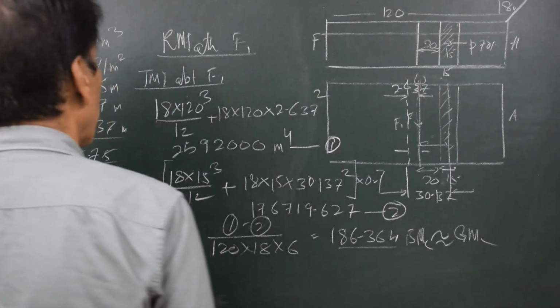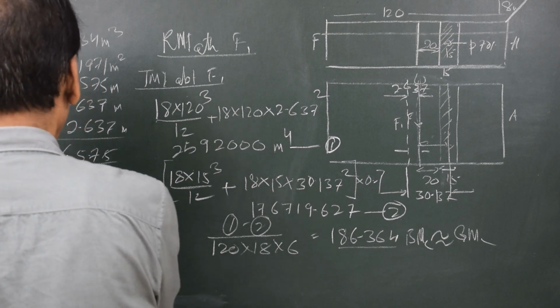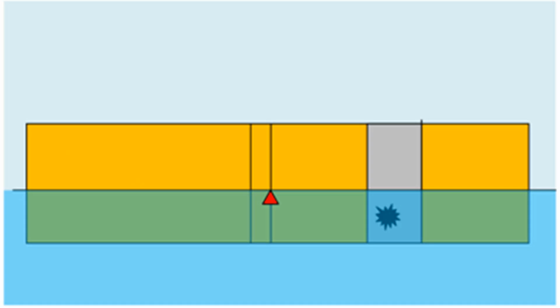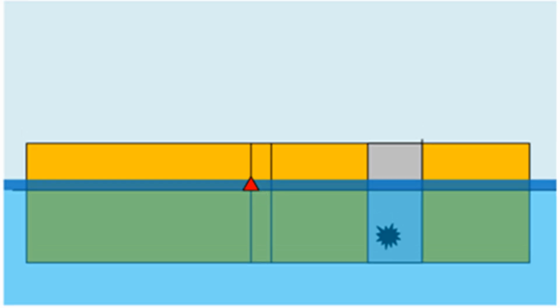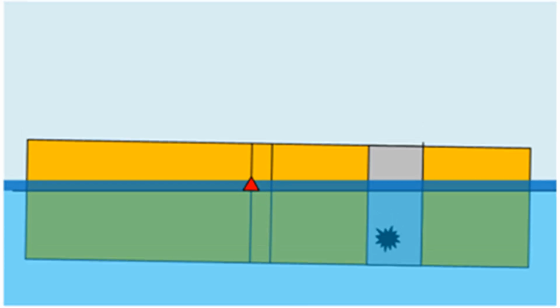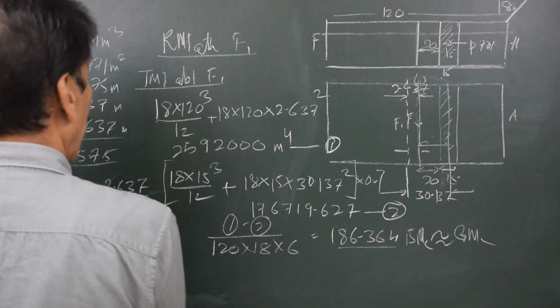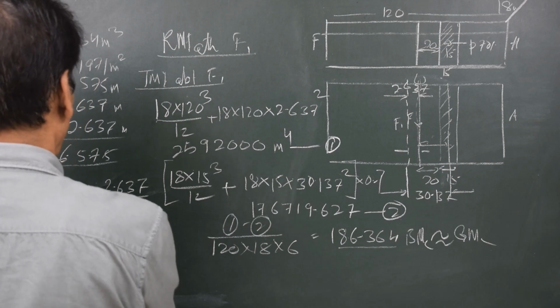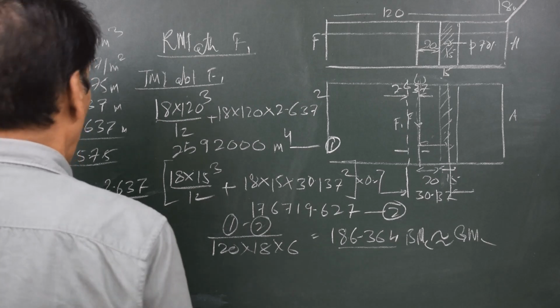So let us find out the trim change now. The trim change is equal to LBP, that is 120, into BB1, which is 2.637, divided by GML or BML, that is 186.364.